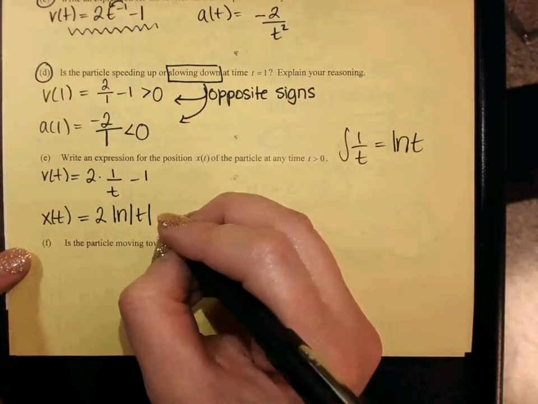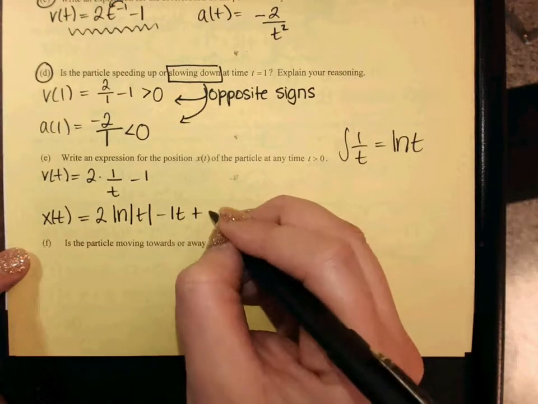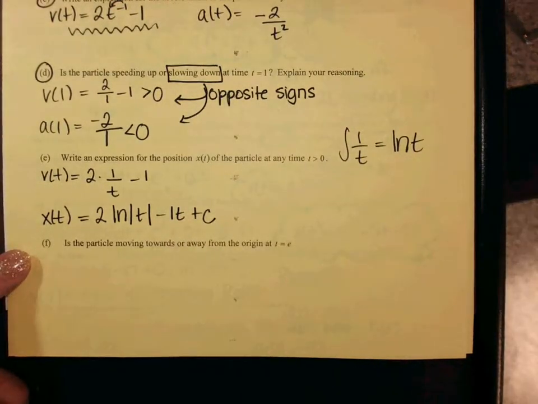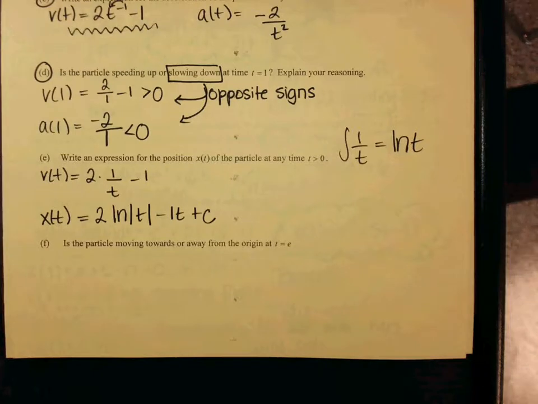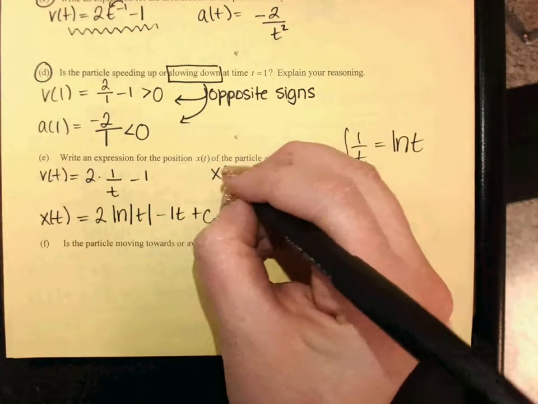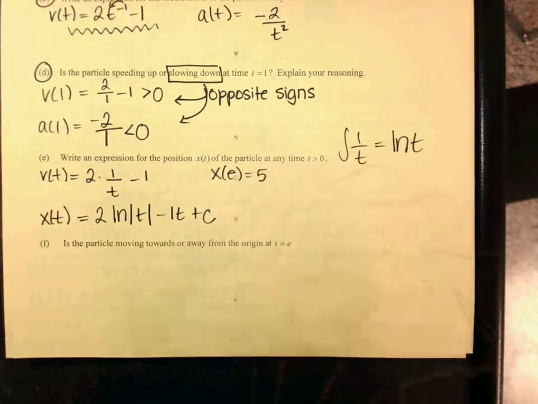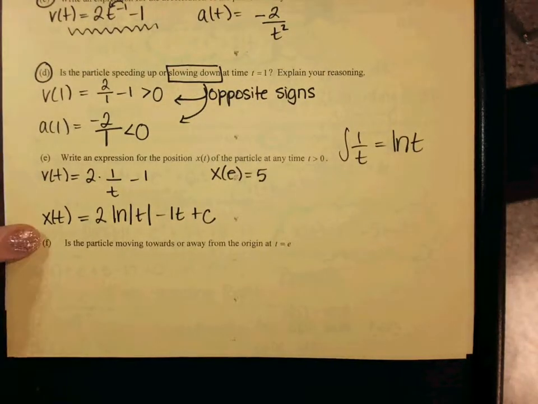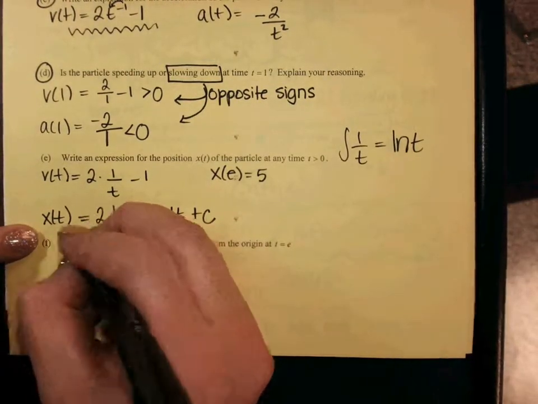Minus 1t, plus c. And then somewhere up there, they must have given you the position at a certain value. x of e is 5. So that means that 5 is the answer when we plug in e.